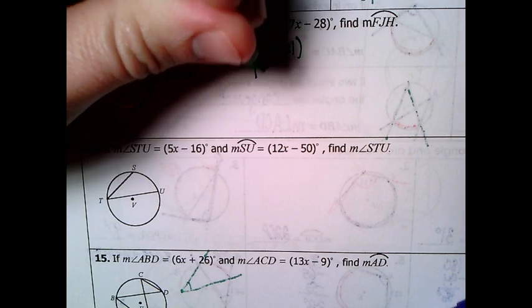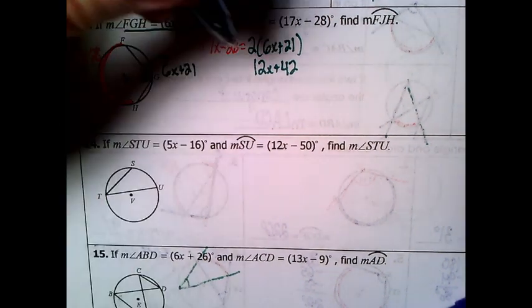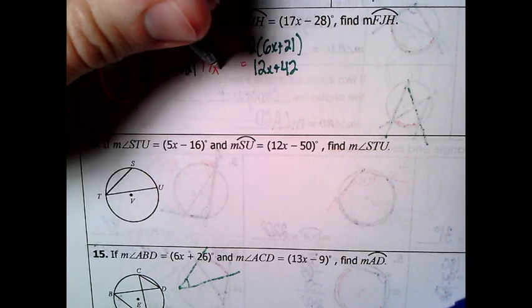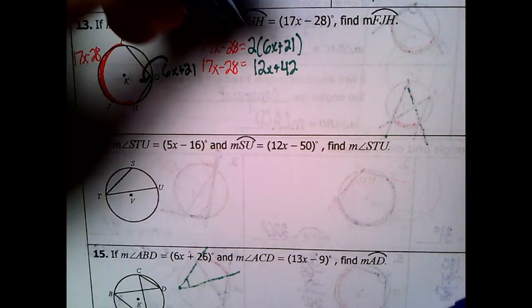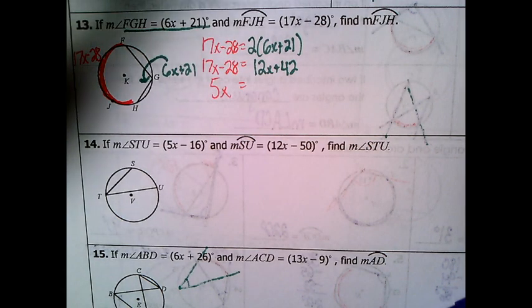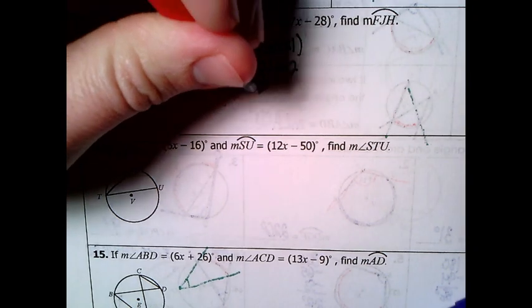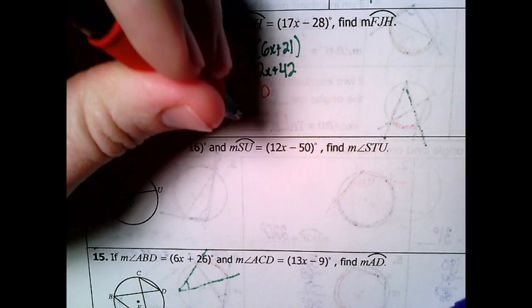So that gives me 12x plus 42. This gives me 17x minus 28. And now we just got to solve. If I subtract 12x, that gives me 5x. If I add 28 over, it gives me 70. If I divide by 5, it gives me 14.